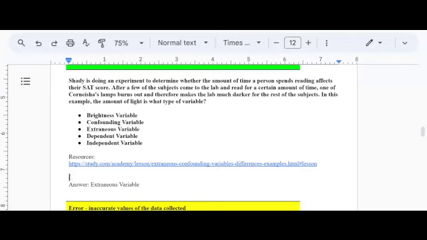In this example, the amount of light is what type of variable? Is it extraneous or confounding?